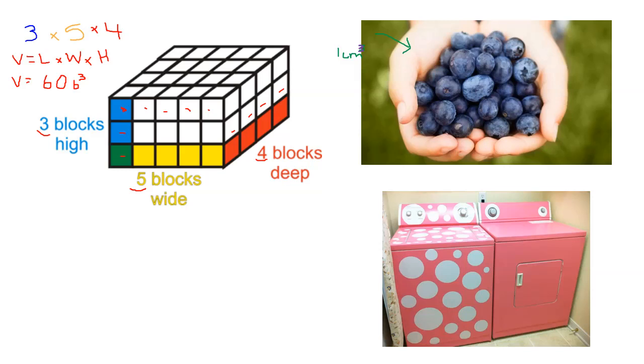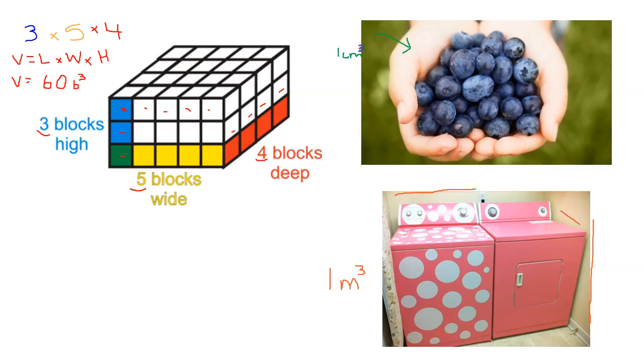Down below, we have this awesome pink polka dot washing machine, and it would be about 1 cubic meter. So it means it's a meter wide by a meter high by a meter long or deep right here.